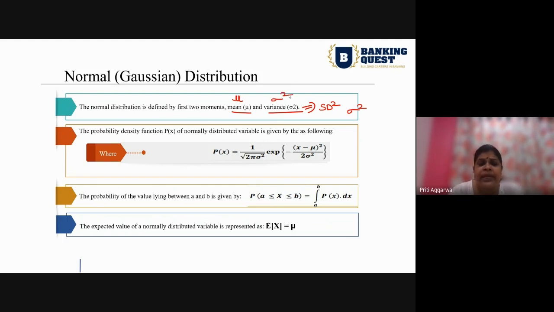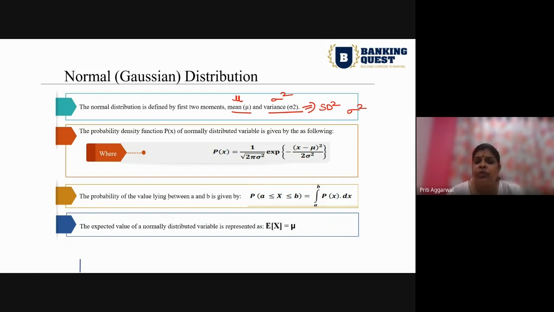And the probability density function of a normally distributed variable is given as 1 upon square root of 2 pi standard deviation square, that is your variance, times exponential of minus x minus mu, the whole square, upon 2 into standard deviation square, that is your variance.